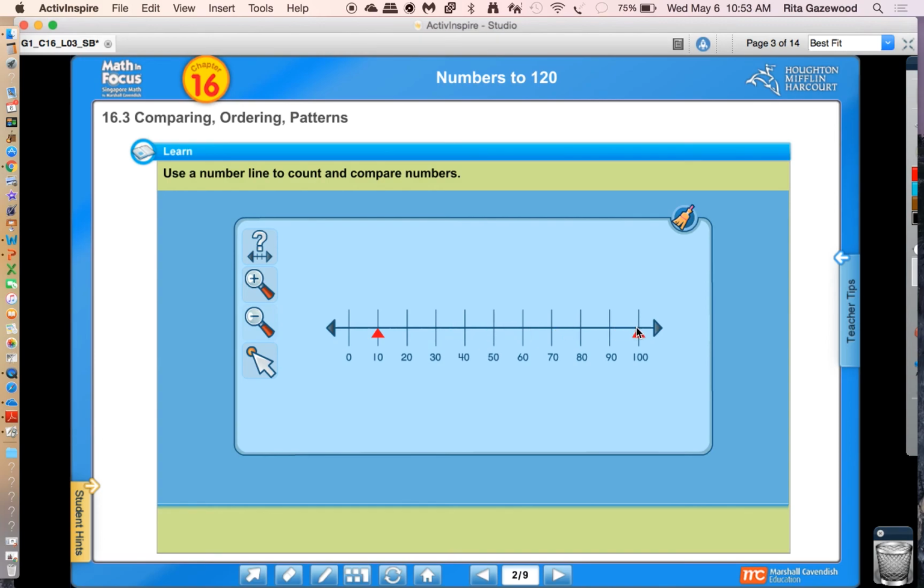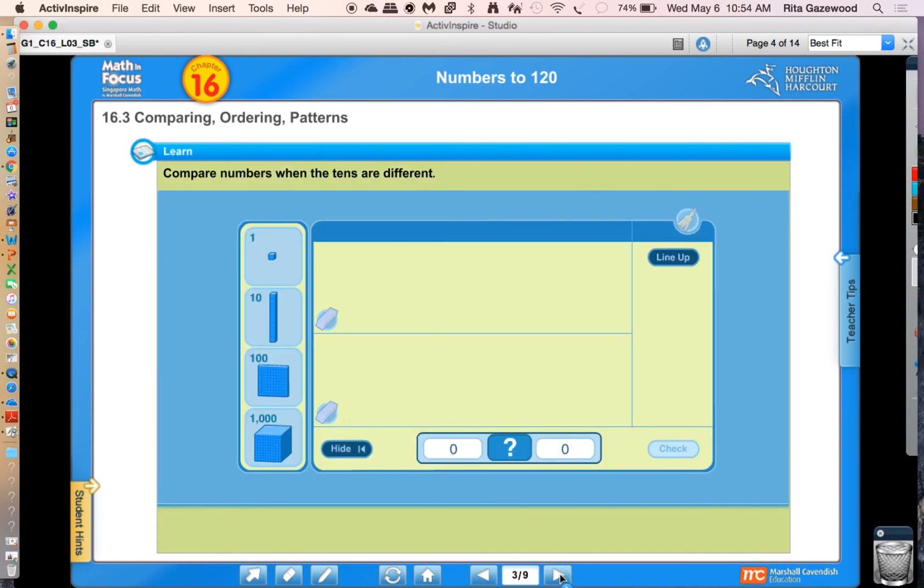How about 100 and 40? So which is less? That's right. 40 is less than 100 because it comes before 100 in our counting pattern. Great. So we would say 100 is greater than 40. Perfect. Let's go on to the next one.